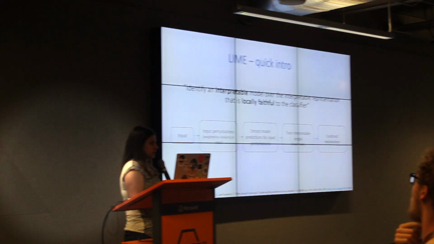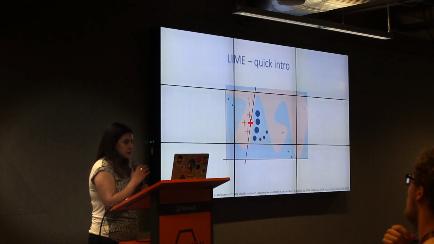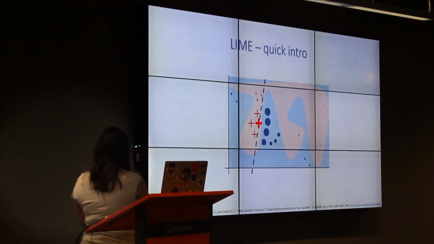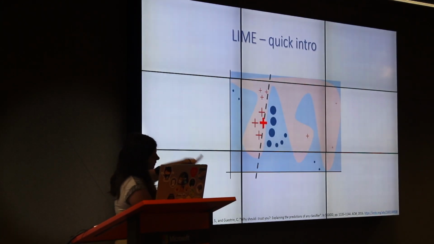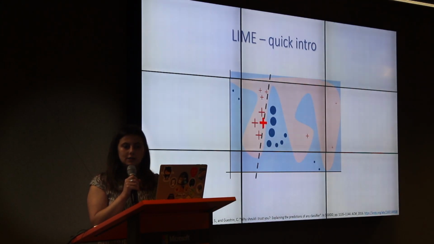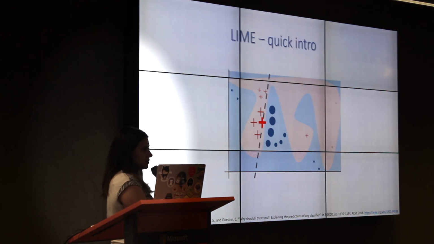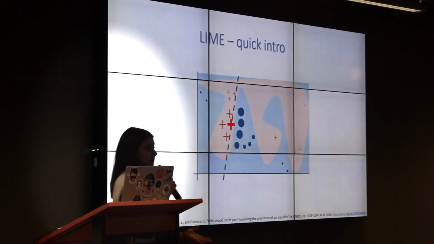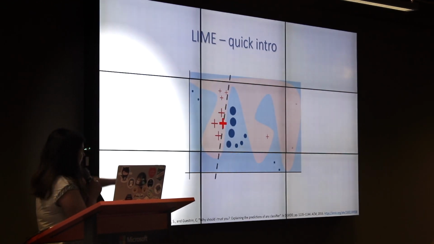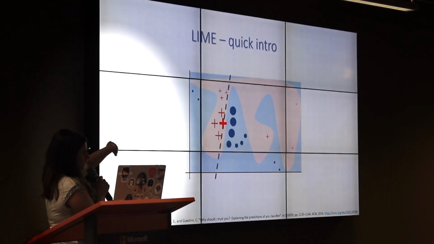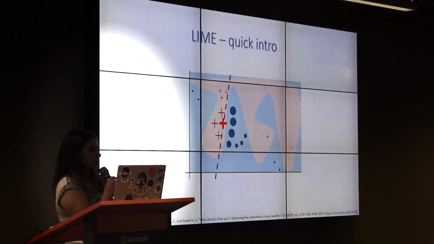Okay. In a visual format, this is basically what you do. So imagine that the red cross is your input. This is the input space, which for simplicity is represented in 2 dimensions. The input you're interested in is the red cross, and you're essentially perturbing this input in the area.